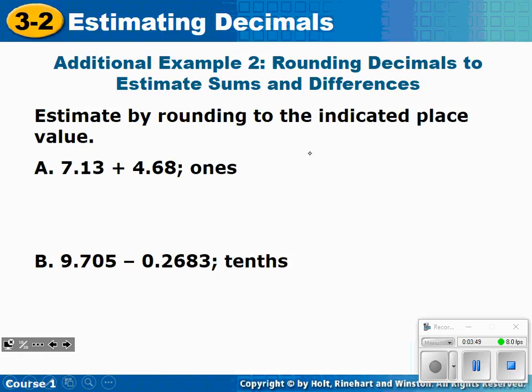It says estimate by rounding to the indicated place value. So, this one wants us to round to the ones place. In this number here, what's in the ones place? The 7. So we look at this number.